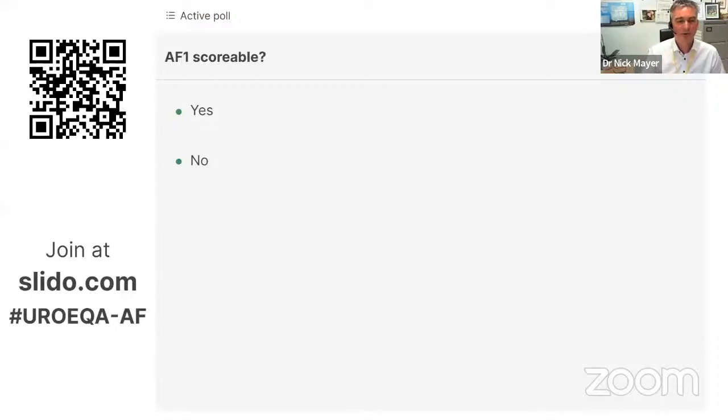If it is, we're going to have to merge things. I'm going to vote myself as well. For those of you who've just arrived and haven't logged in, if you scan the QR code here on the left, or if you enter the hashtag into a web browser, you'll get in.